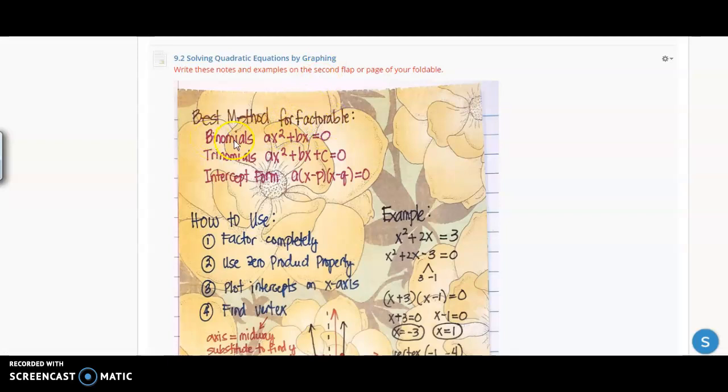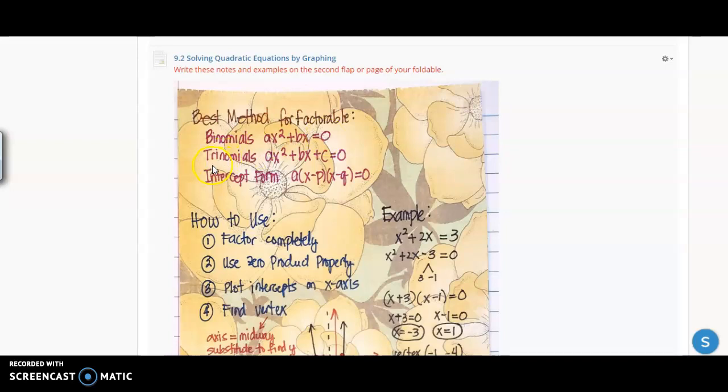So for example, if you have binomials of the form ax squared plus bx is equal to 0, and that's factorable, you can easily find the zeros by factoring it and setting each factor to 0. Then you can easily find the x-intercepts or the solutions.